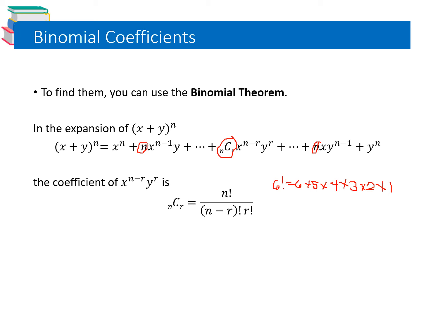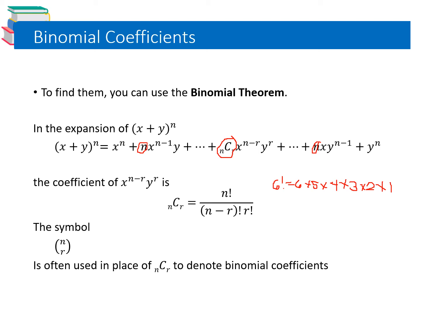So, 6 times 5 times 4 times 3 times 2 times 1. Ganon din sa 3: 3 times 2 times 1. Ganon din sa 10: 10 times 9 times 8 times 7 times 6 and so on and so forth. So, ganon lang siya. So, ano yung magiging values ng n? Ano yung magiging values ng r? So, ito yan. The symbol (n r) is often used in place of nCr to denote binomial coefficient. So, magbibigay tayo ng example.